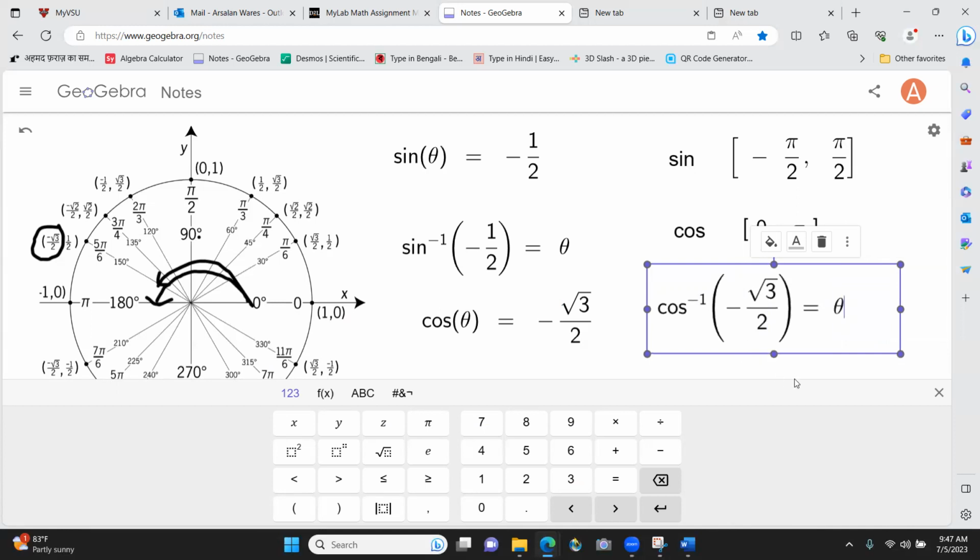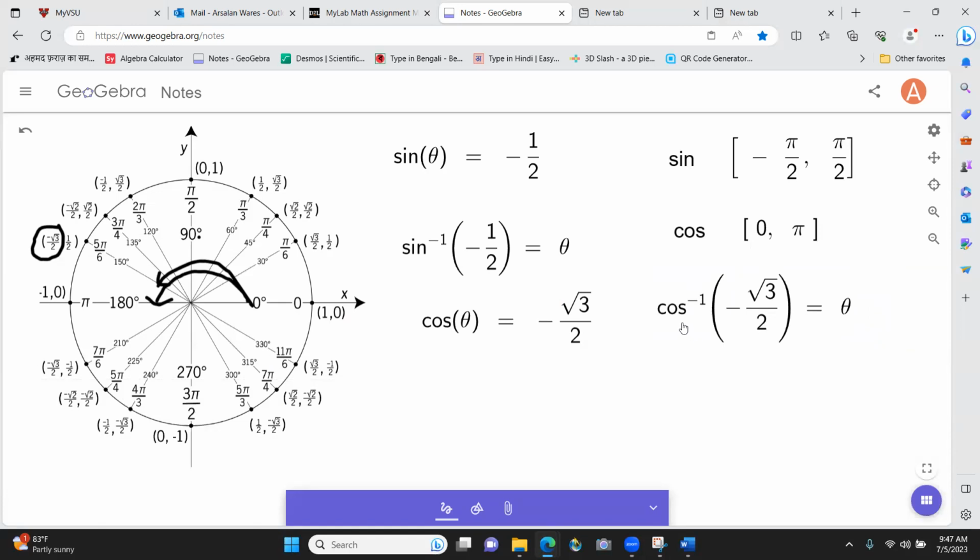That's the only catch. And they want you to find, if it's cosine, they want you to find theta in the first and the second quadrant. If it's sine, they want you to find the value of theta in the first and the fourth quadrant.